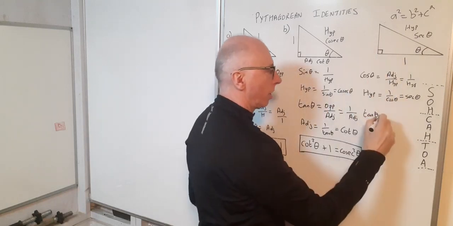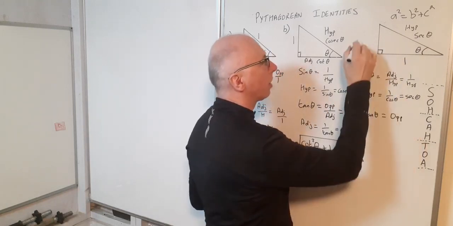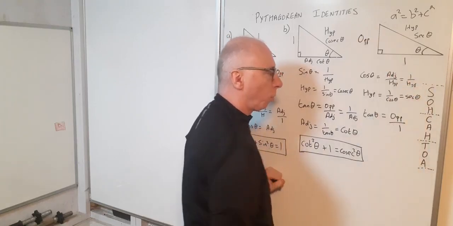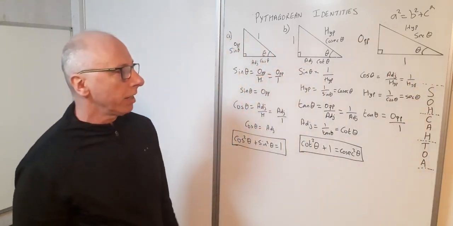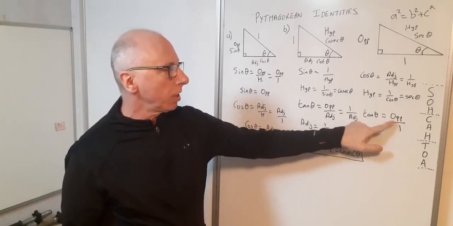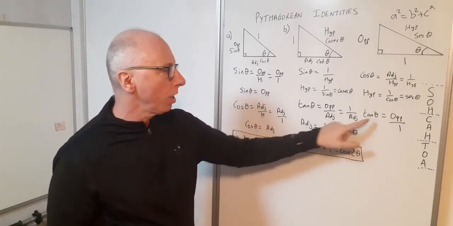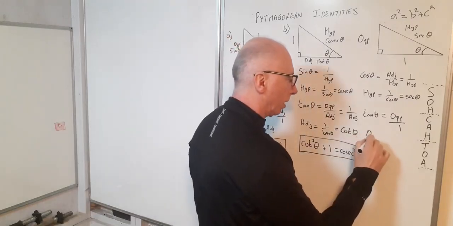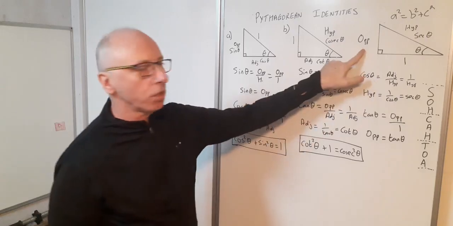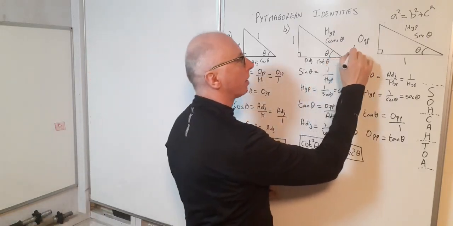So it's this one, I write that as my opposite, over adjacent, which is 1. Tangent theta equals opposite over 1, bring the 1 over. I've got opposite equals tan theta. So I can just write that in there as tan theta.